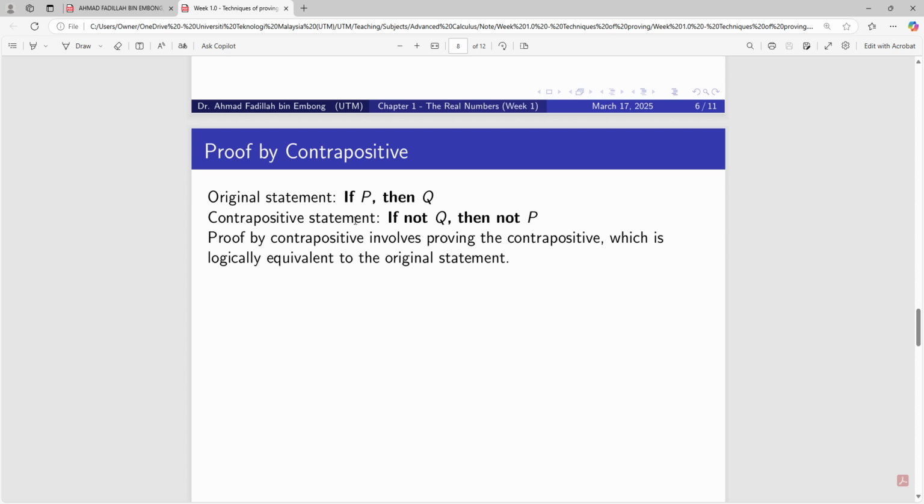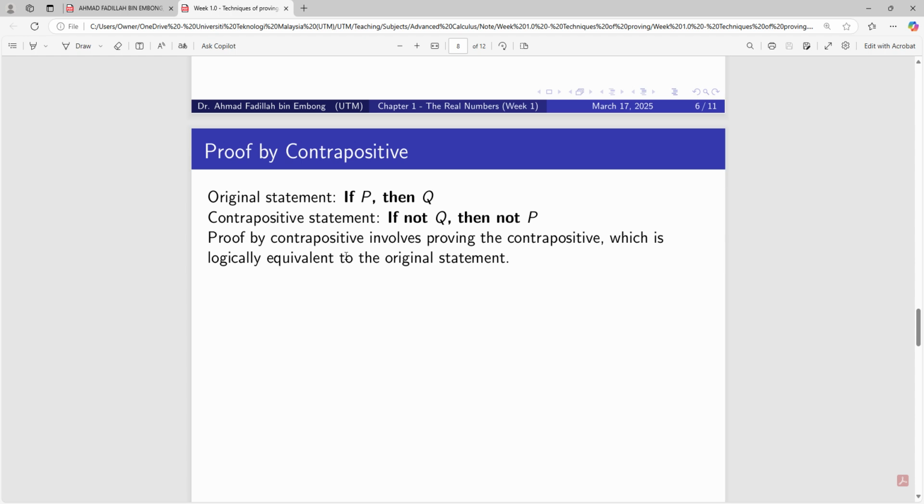Okay, so we can prove this statement if P then Q, or we also can prove if not Q then not P. Sometimes it is easier to prove by using the contrapositive statement. So if we can show that if not Q then not P, then it is equivalent to if P then Q.